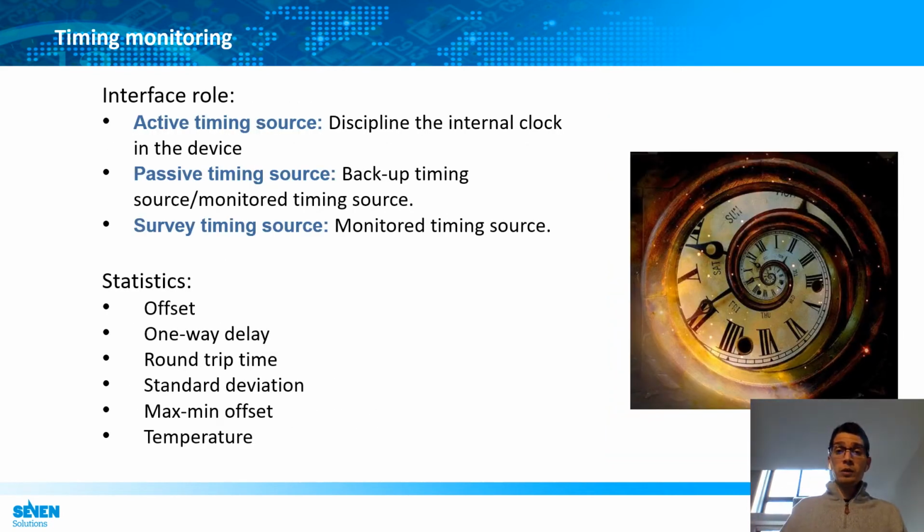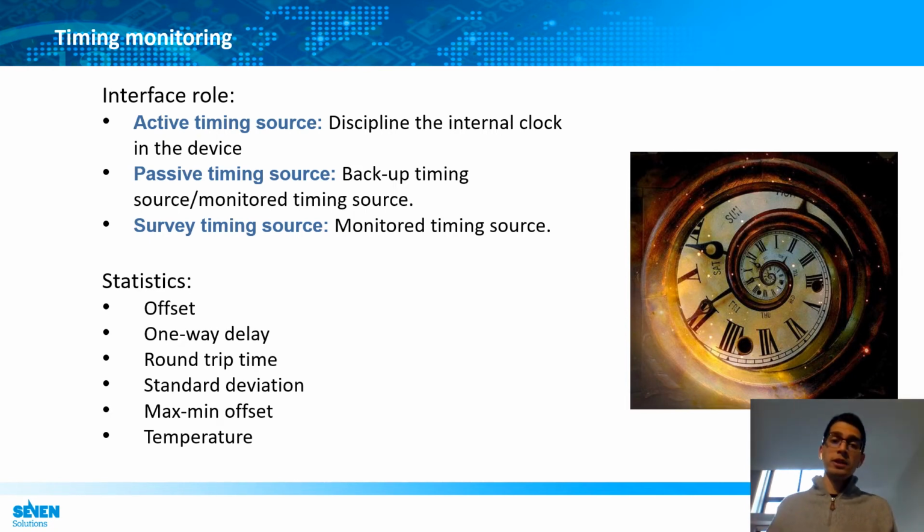For that, what we do is define different roles in the device. We have the active timing source, which is the one selected by our algorithm to command or discipline the internal clock in the device. We have the passive timing source, which are the ones that we use in case of failure to jump to them, but we also use to monitor the time that we are receiving from them.